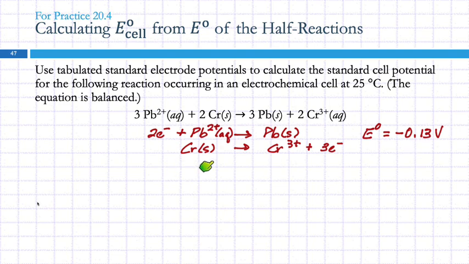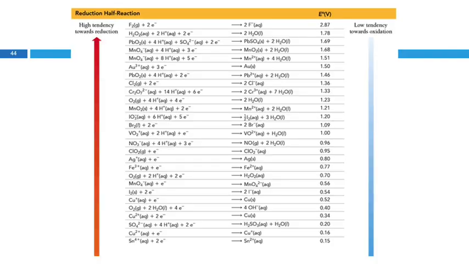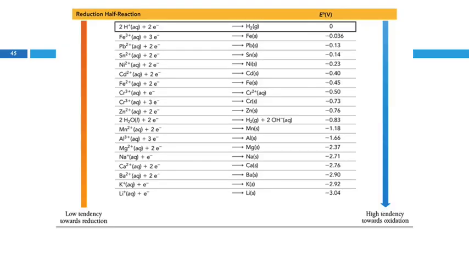Now we're going to go looking for this one. We're not going to find it in this direction. We're going to find it flipped in the table, but we can still find it. So let's go back and look for that. We've got solid chromium on the one side, and we've got chromium 3+ on the other side. So what I have is this equation written backwards, right? So I'm going to take the potential for that reaction and do what?